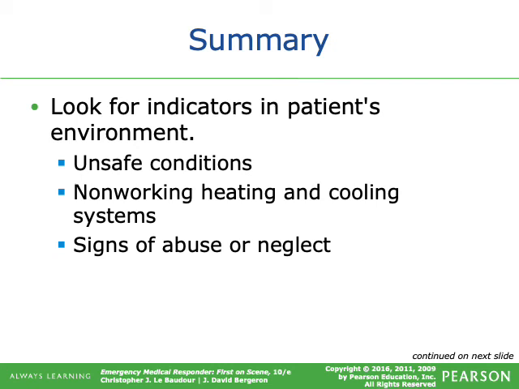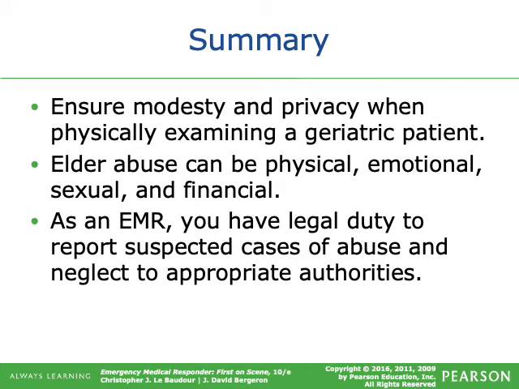All right, always look for indications in the patient's environment. You're looking for unsafe conditions, non-working heating and cooling systems, signs of abuse or neglect. Ensure modesty and privacy when physically examining a geriatric patient. Elder abuse can be physical, emotional, sexual, or financial.